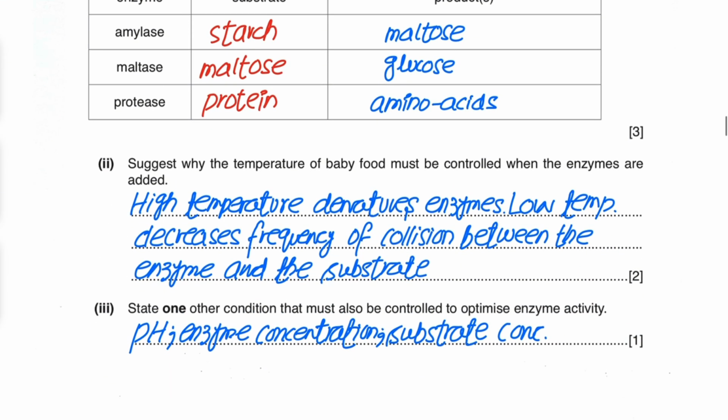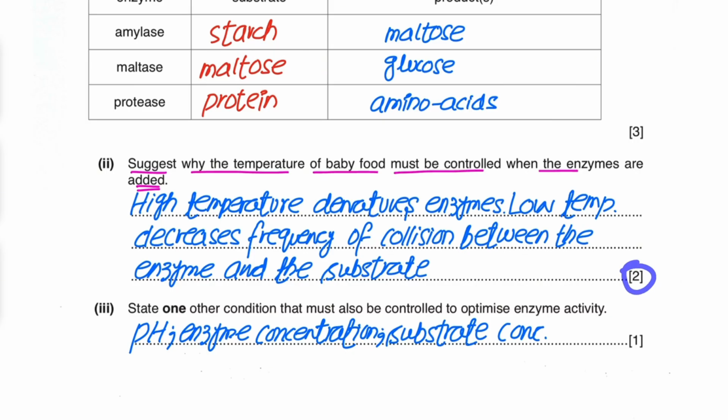Further, for a total of 2 marks, they are asking to suggest why the temperature of the baby food must be controlled when the enzymes are added. We know that temperature is a factor that directly impacts the enzyme's activity. If the temperature of the baby food is higher, it would denature the enzymes in the baby food. And if the temperature is very low, the frequency of collision between the enzyme and the substrate would be lower.